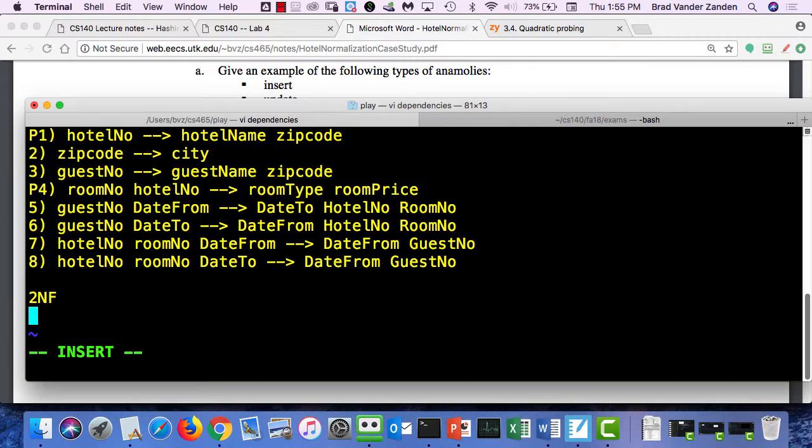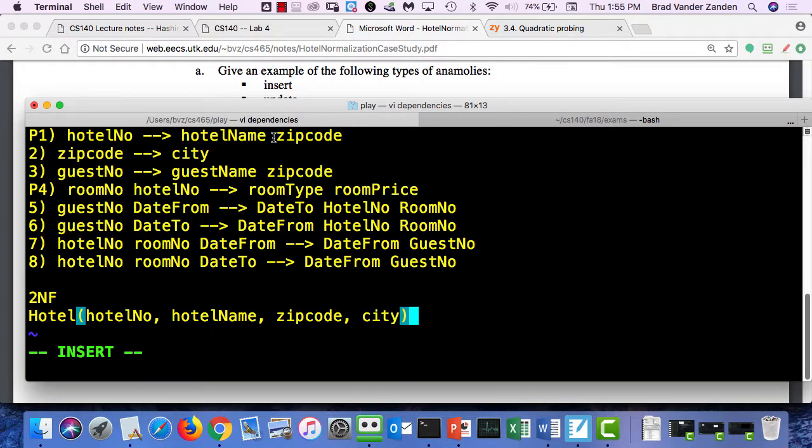So 1 is going to lead to the relation, I'll call it hotel, that has hotel number, hotel name, and now the zip, which I'll call hotel zip, or I can just call it actually zip code. And I have to bring along the city.